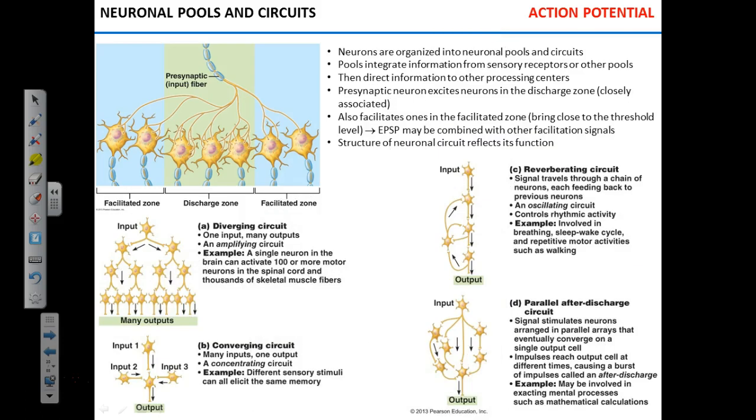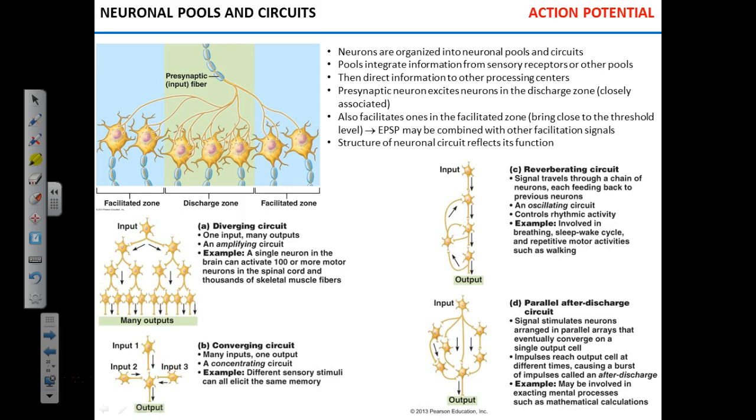Now, the last thing before we go to break is neuronal pools and neuronal circuits. So far, when we were talking about the transmission of a signal between a presynaptic and postsynaptic neuron, we presumed that they are interacting one with another, and that's it.